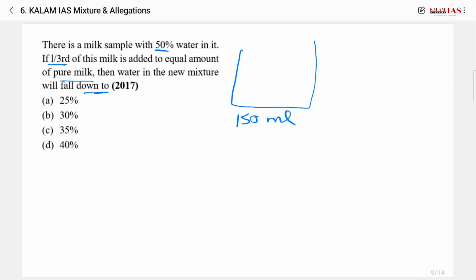Now it is saying milk sample has 50% water. That means 75 ml is milk, 75 ml is water, because water is 50%. Now 1/3 of this milk, that is 1/3 of this sample, is added to equal amount of pure milk. So 1/3 of that sample will be 150 by 3.